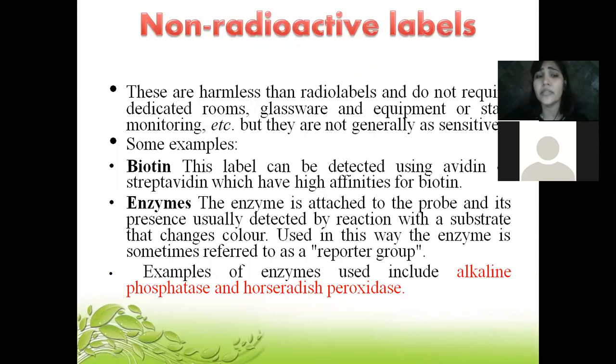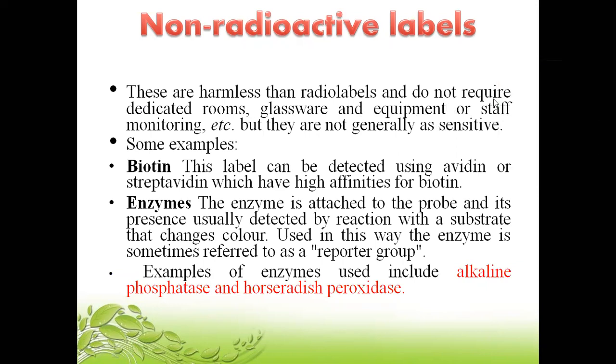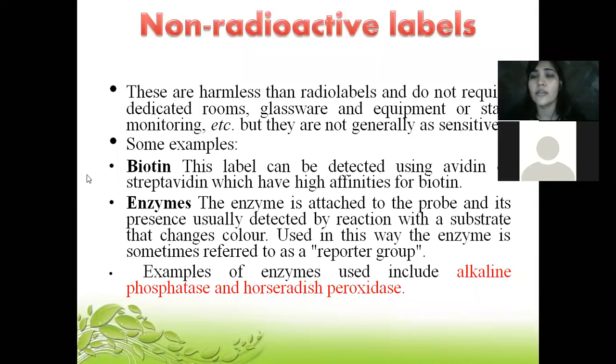Non-radioactive labels. These are more harmless than radio labels and do not require dedicated rooms, glasswares and equipment or staff monitoring, etc. But they are not generally as sensitive. So radio labels are very sensitive, these are not as sensitive. Some examples are biotin.